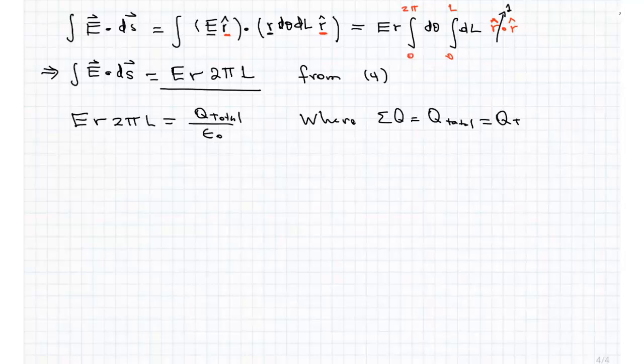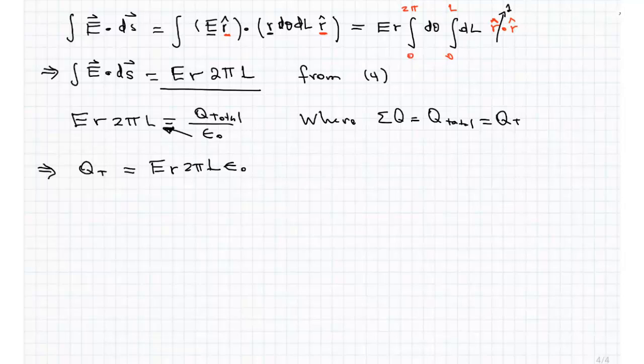I can write it more easily like this: Q total is equal to E r 2 pi L epsilon 0, sending epsilon 0 to the other side of the equation, multiplying.